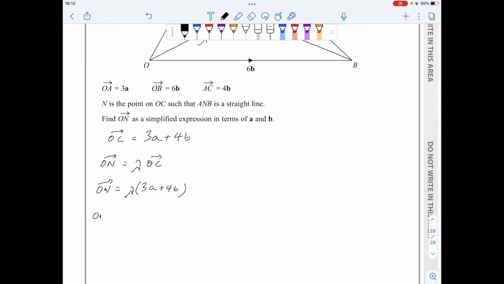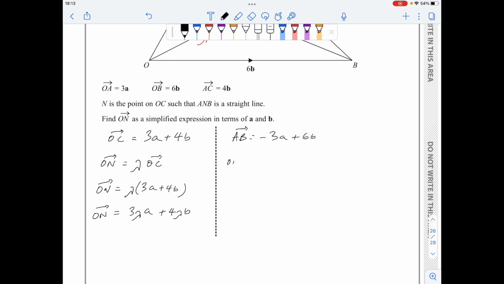I can expand this and get ON is 3 lambda A plus 4 lambda B. The second route I'll follow is from O to N through A. First, I'm going to need AB, and this is equal to minus 3A plus 6B.